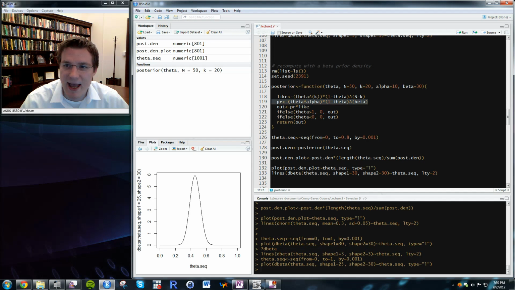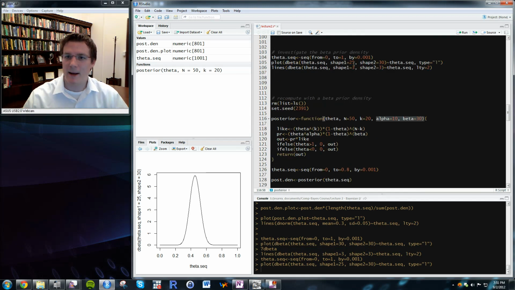You can see I've added two parameters, alpha and beta. This is the truncated, or appropriately snipped, form of the beta density that excludes that leading coefficient with the gammas. And I put an alpha of 10 and beta of 30, which tells me that in the past I've seen 10 successes and 30 failures out of a total of 40 runs.